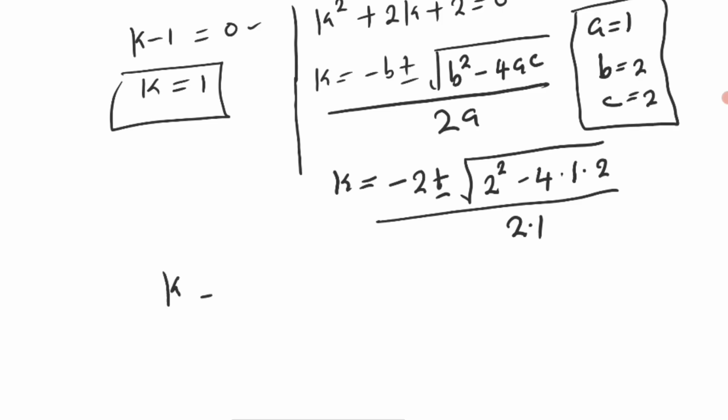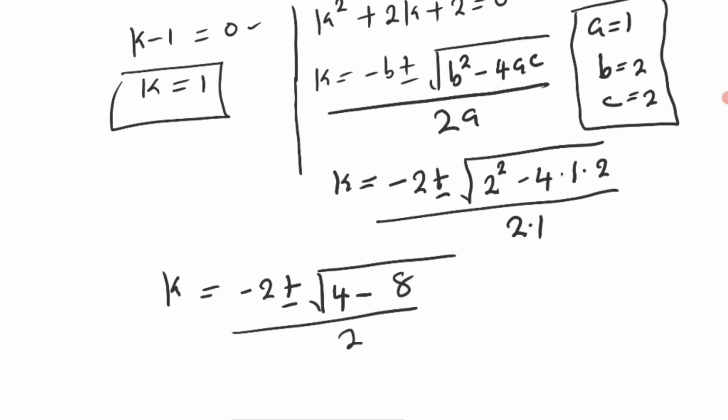Then k is equal to minus 2 plus or minus square root of 2 square, that is 4, minus 4 multiplied by 1 multiplied by 2, that is 8, over 2. And this is same thing as minus 2 plus or minus square root of 4 minus 8, that is minus 4, over 2.